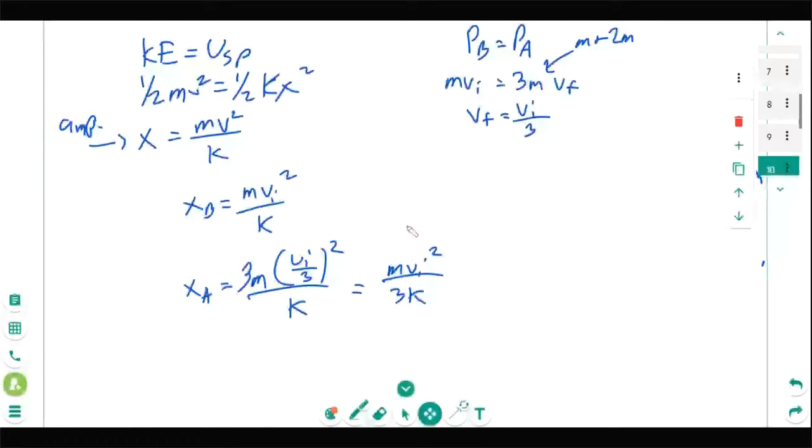So comparing those two, the amplitude before is 3 times the amplitude afterwards. And therefore it's less too.